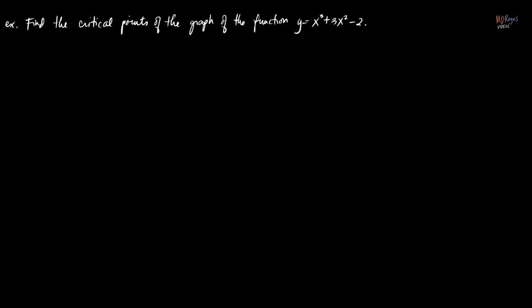Let's find the critical points of the graph of the function y equals x cubed plus 3x squared minus 2. We have to find again the critical values of the function by getting y prime, equating y prime to 0, and solving for the values of x. So y prime is equal to 3x squared plus 6x.